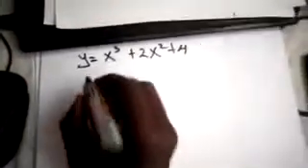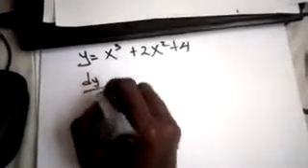Then part B, we are having y is equal to x power 3 plus 2x squared plus 4. Let's differentiate this.